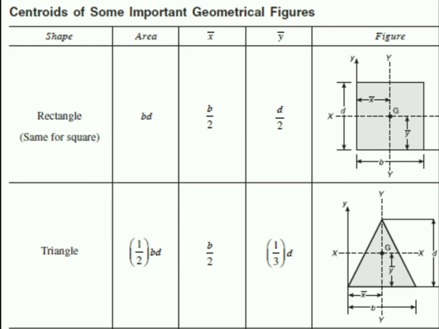The next figure is a triangle. The first triangle considered is an equilateral triangle. For an equilateral triangle, the area is half base into height or depth, whatever is given in the notation.